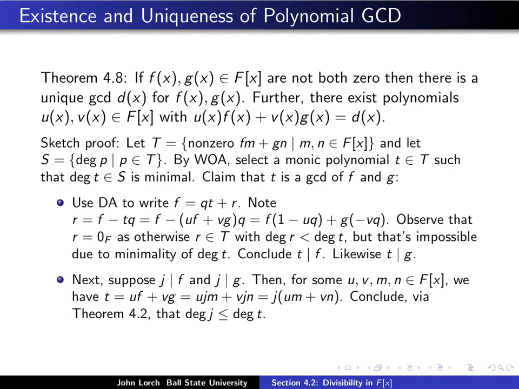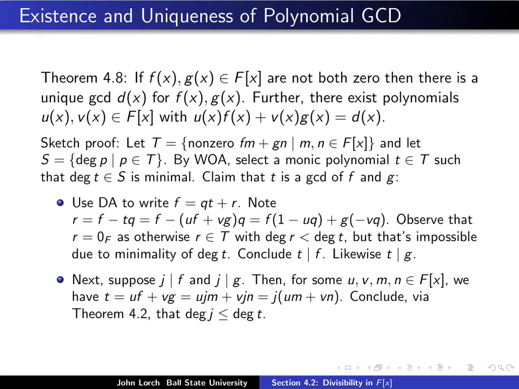Here we have this important theorem, 4.8, which says that if we start with two polynomials, f and g, inside our polynomial ring, and if they're not both 0, then there is a unique GCD, d, for f and g. And further, there are polynomials u and v, with u times f plus v times g equaling d.